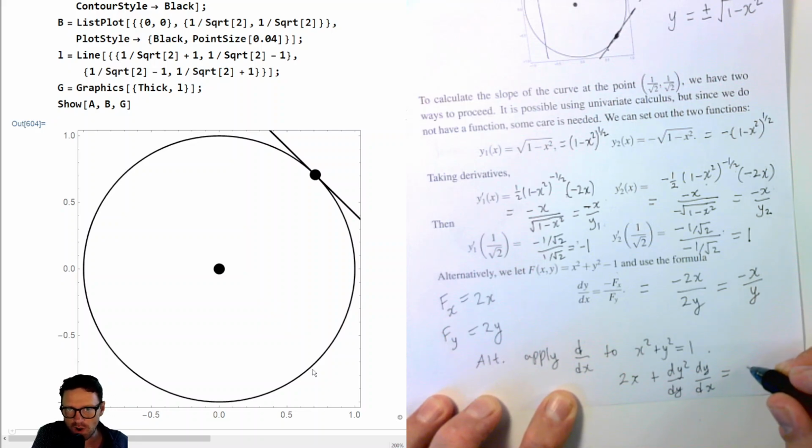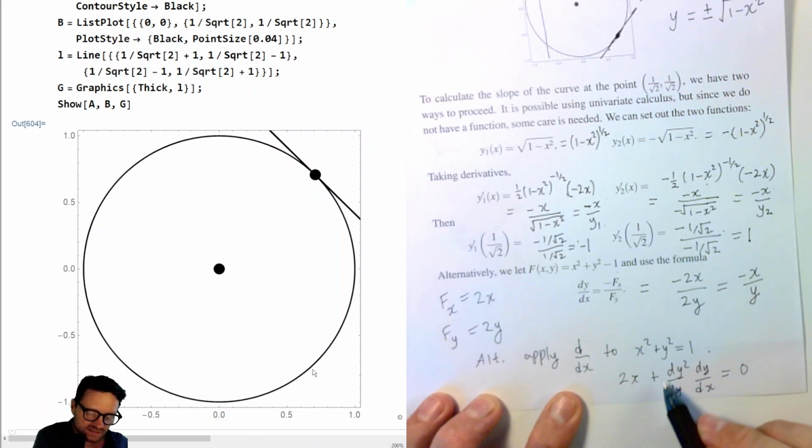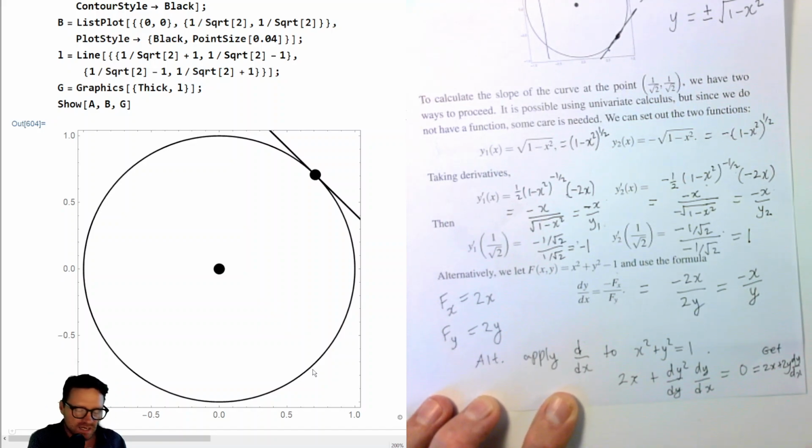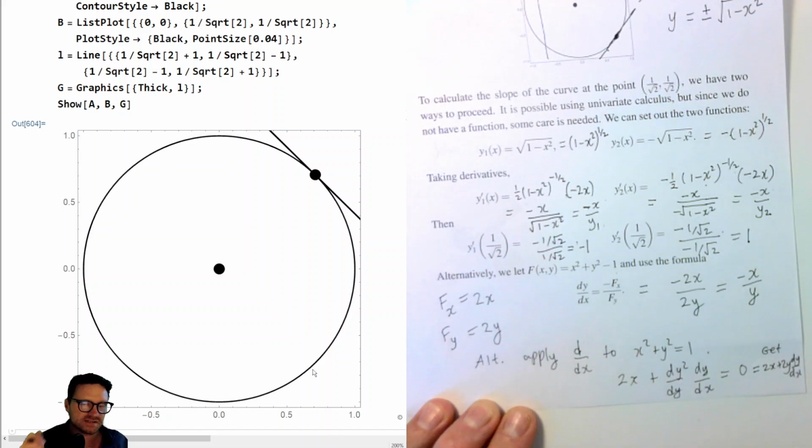The derivative of 1 is 0. Okay, now this here is 2y, we've got 2x, so we end up with 2x plus 2y dy/dx is 0. And then we can solve this for dy/dx, right? So almost as easy as this, I would say.